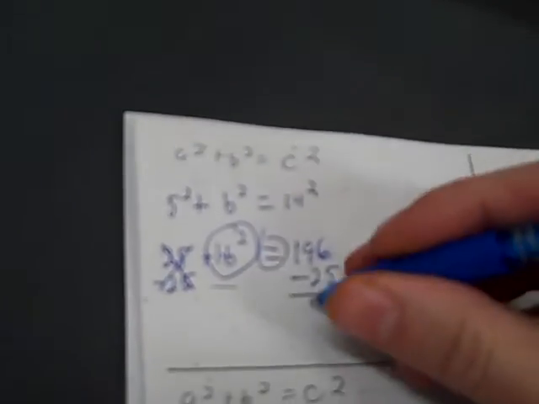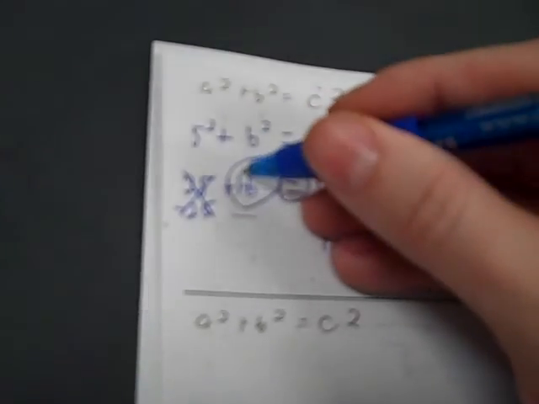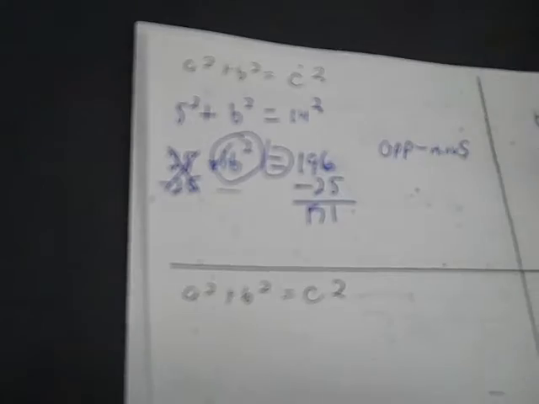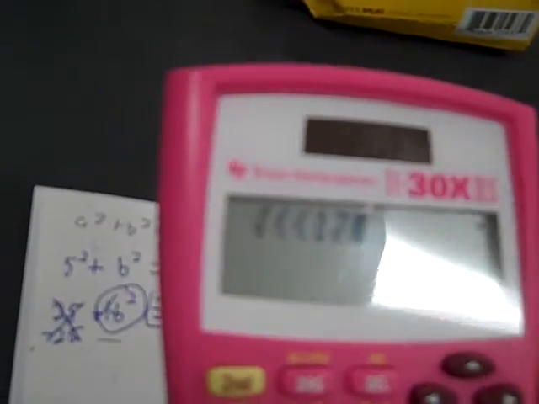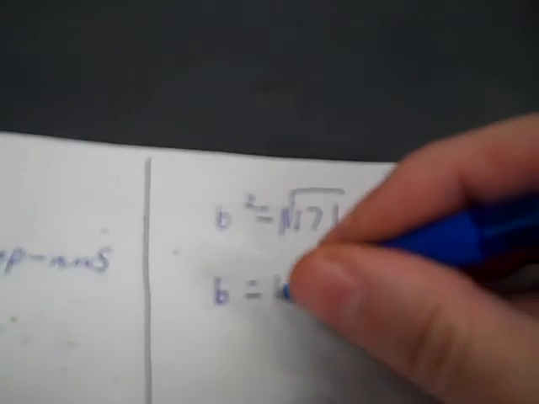Okay, so I take 196 minus 25 is 171. Now I would divide, but it's just a 1, so we get rid of it, and I now know that B to the second is equal to 171. Then I find the square root. So second, fourth key up. Okay, 13.07, and that is my B.